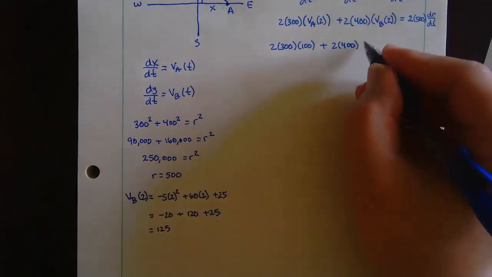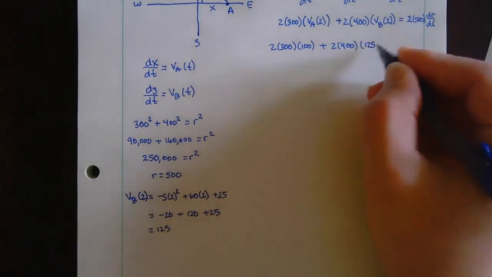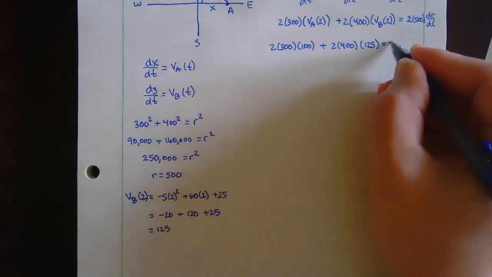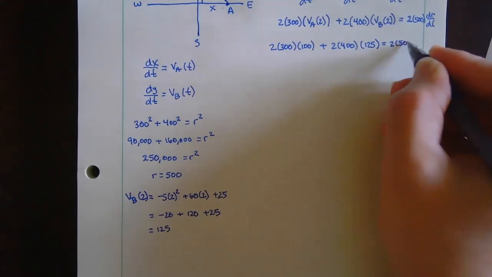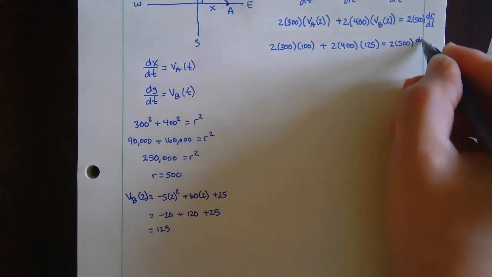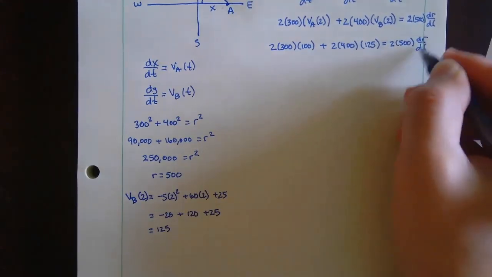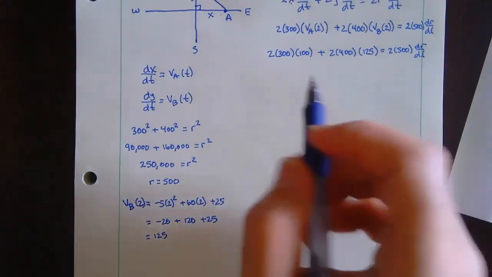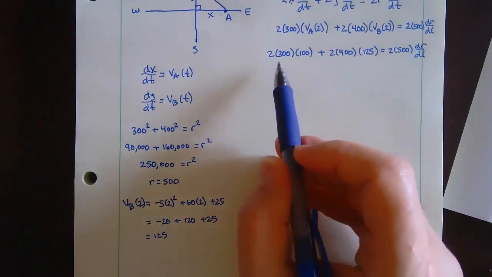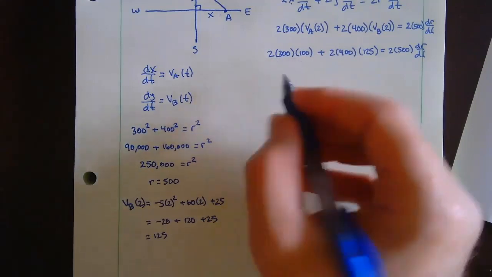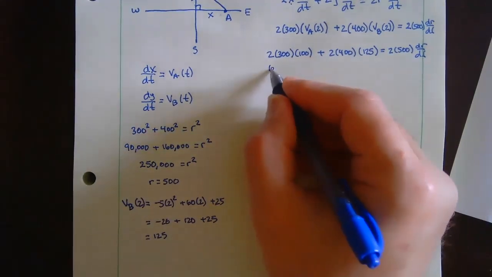So this would be 125 is equal to 2 times 500 times dr over dt. So now it's a matter of just solving for dr over dt, okay? So this would be 600 times 100.